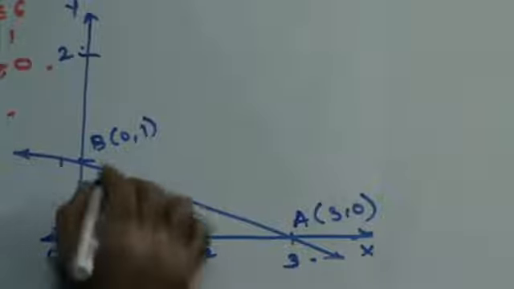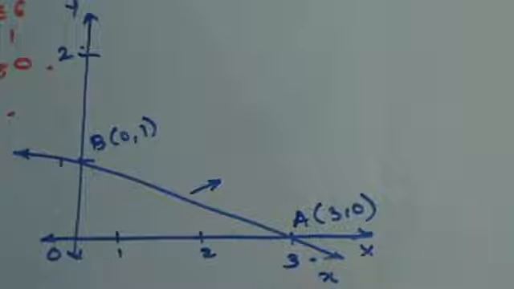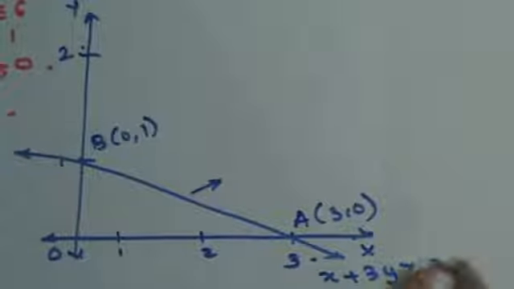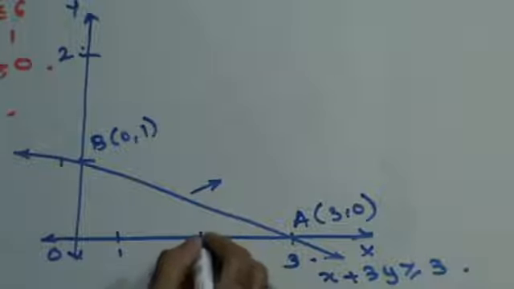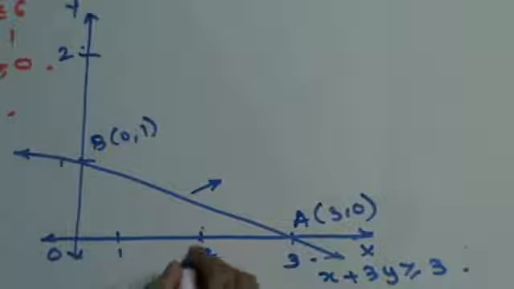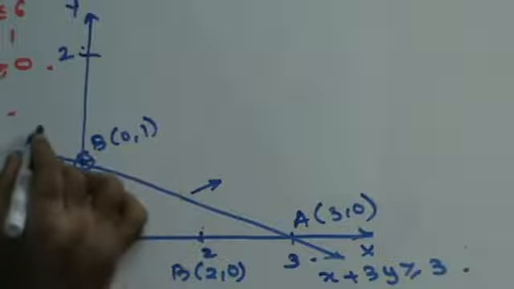Now we are saying greater than. Greater than means it has to be ahead of this line. The equation of this line is x plus 3y is greater than equal to 3. Next, x is 2. So this is going to be that point 2, 0, and y is 1. So same point it goes through.